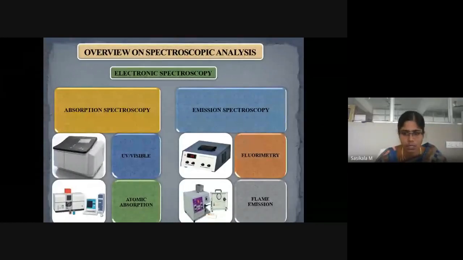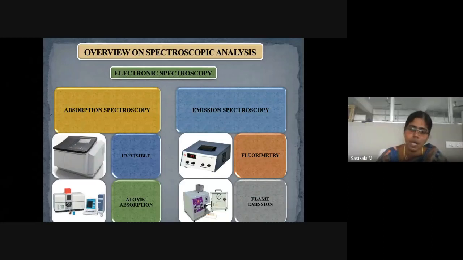It occurs at the atomic level. These two techniques are more or less related to each other. Likewise, UV visible and fluorimetry are similar to each other, only absorption and emission vary. So molecular level absorption is UV visible, molecular level emission is fluorimetry, atomic level absorption is atomic absorption spectroscopy, and atomic level emission is flame emission spectroscopy.